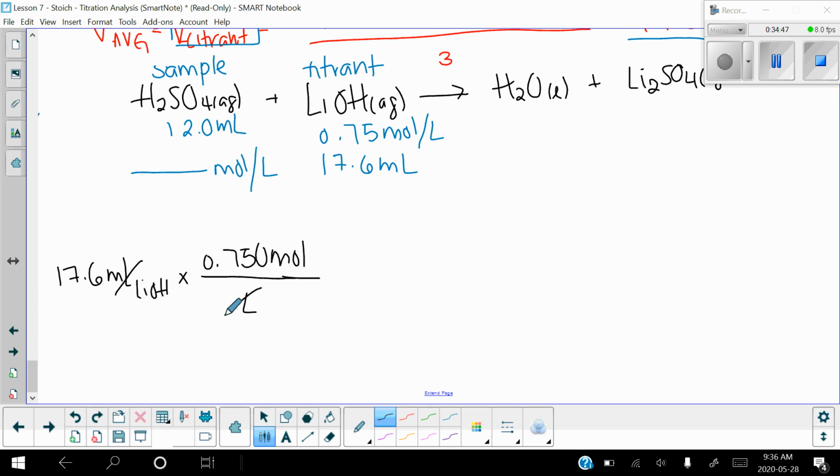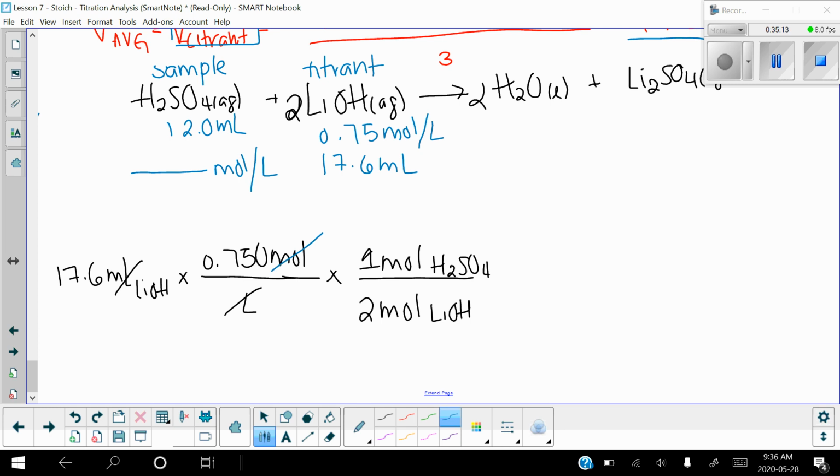I always forget to balance. This is going to be, I believe, 2 and 2. Okay, so I divide by 2 moles of lithium hydroxide and multiply by 1 mole of sulfuric acid.